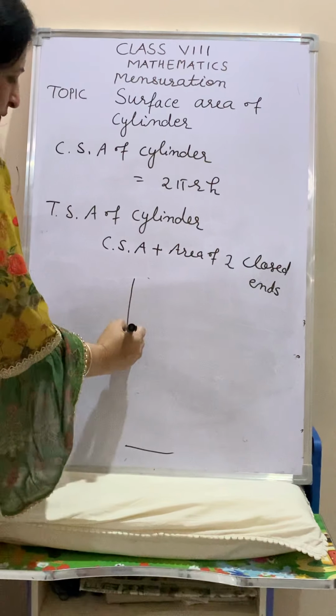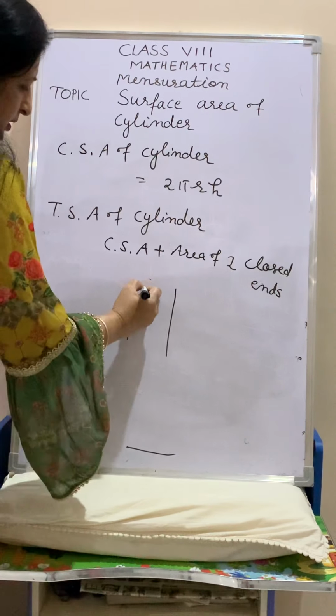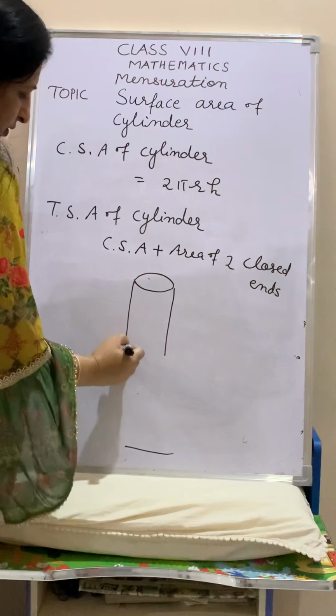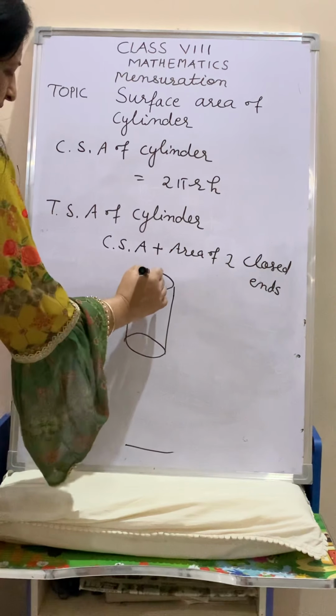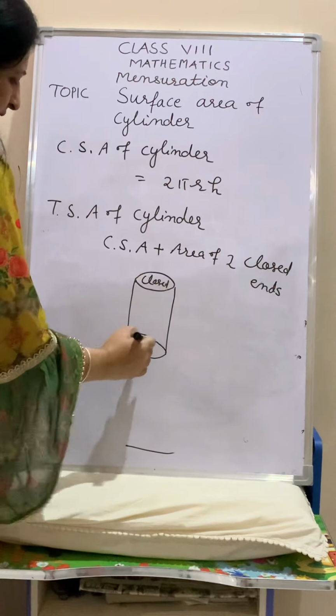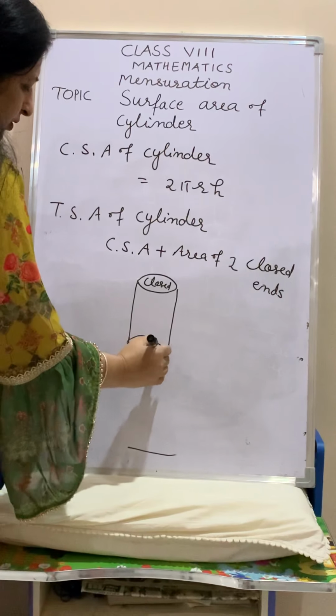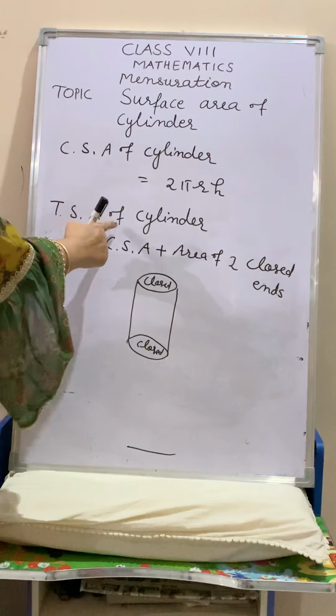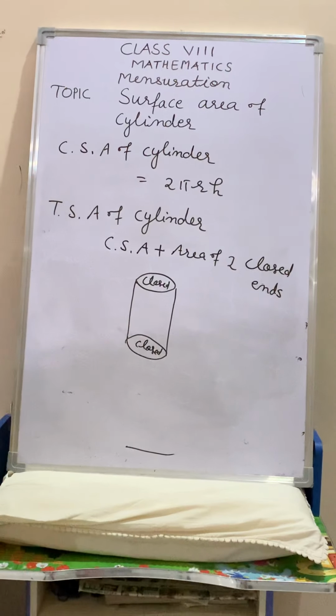When this is closed and this is also closed, not hollow, then we find the total surface area of the cylinder.